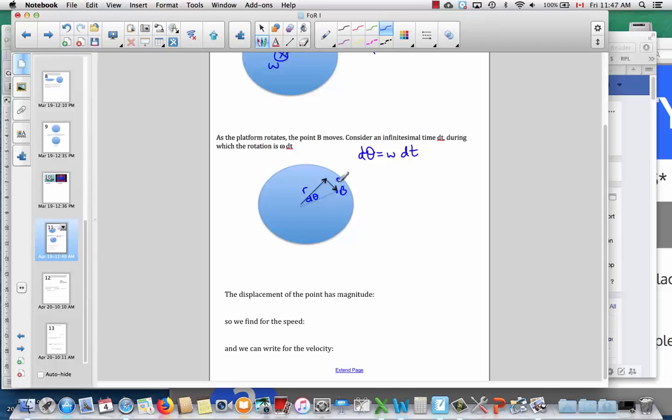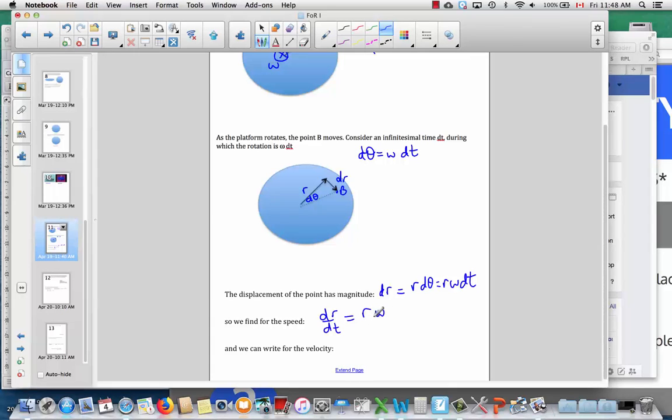What's its displacement dr? Well, using the arc length formula, we could just say it's r d theta, which is r omega dt. So if we want to find the speed, how quickly that point B is moving, then it's just r omega.